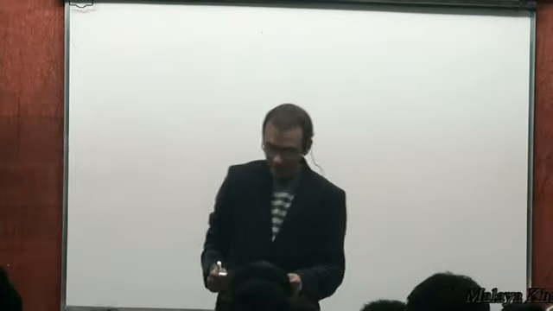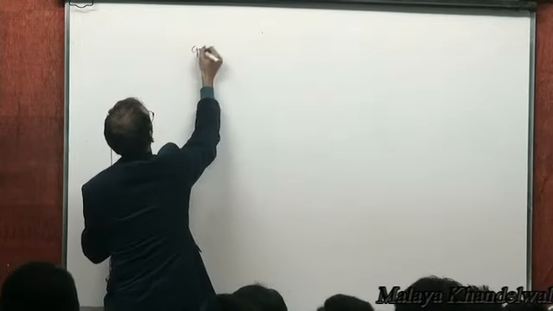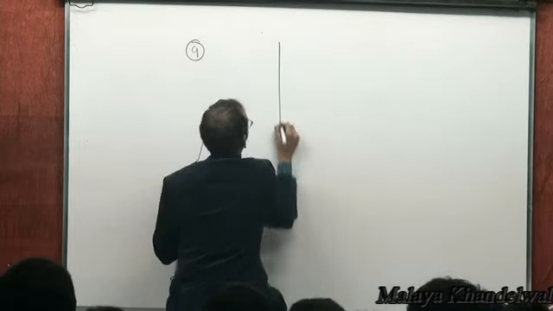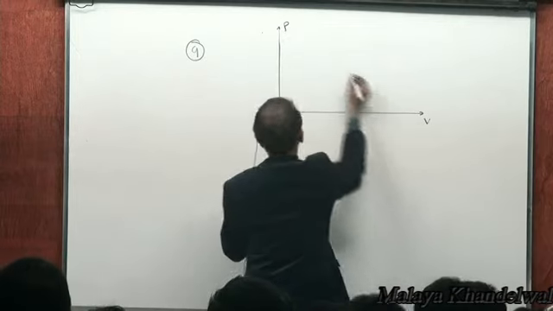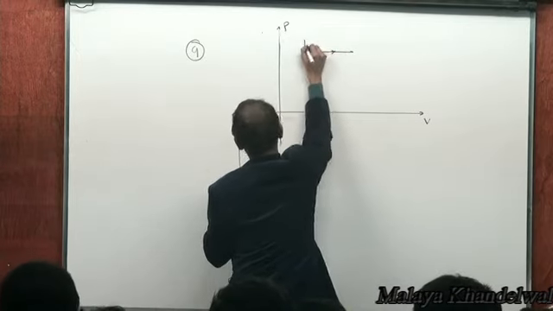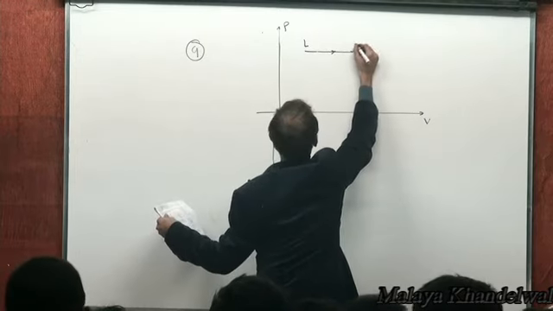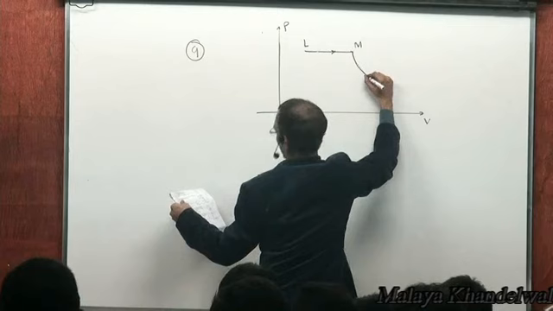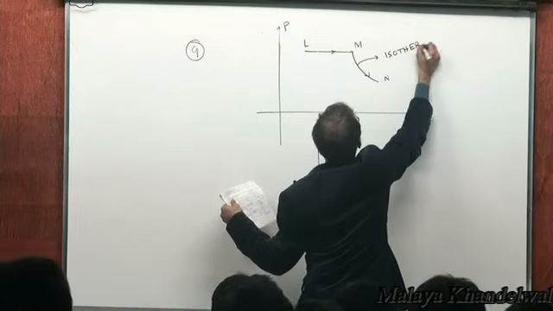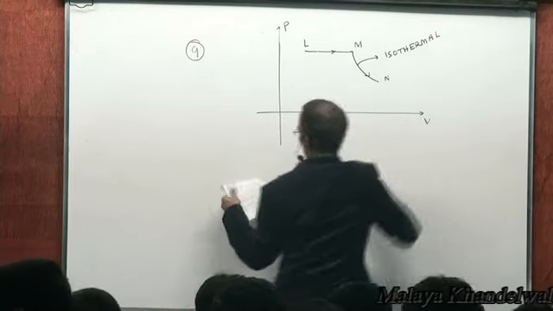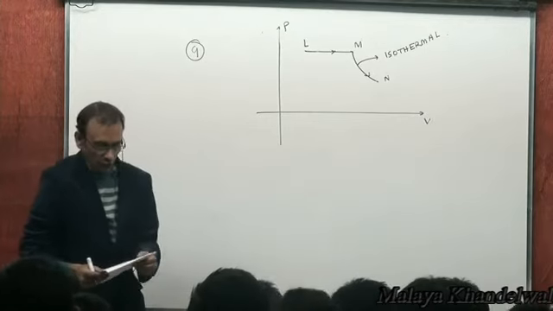Problem 9. A fixed mass of an ideal gas undergoes changes of pressure and volume starting at L. LM is straight and then MN is isothermal. Which of the following is correct?